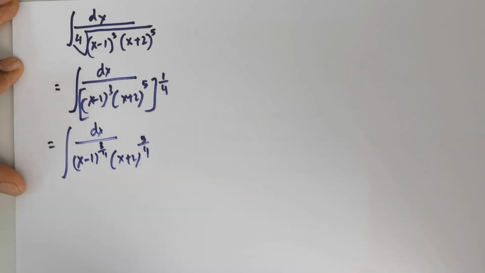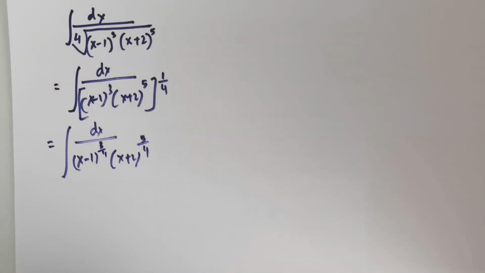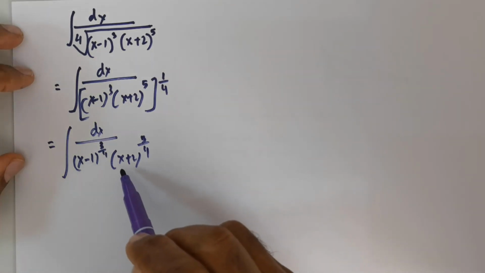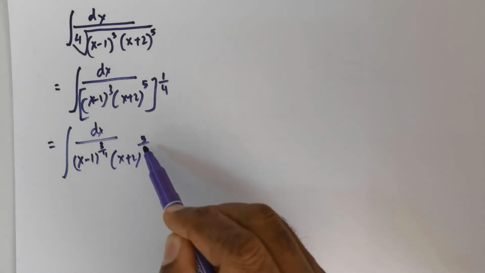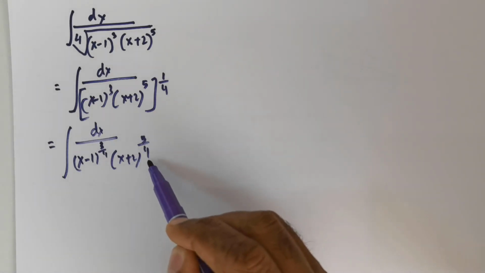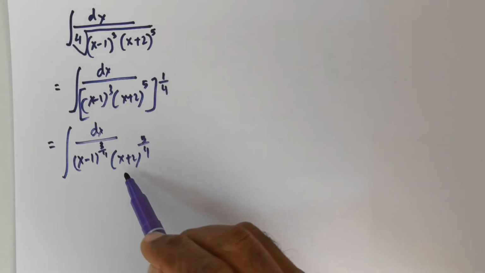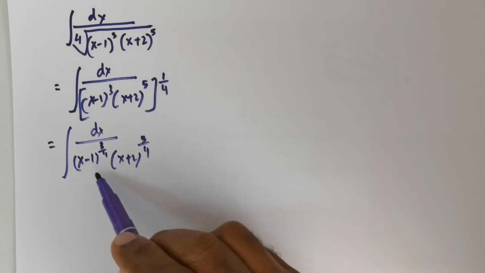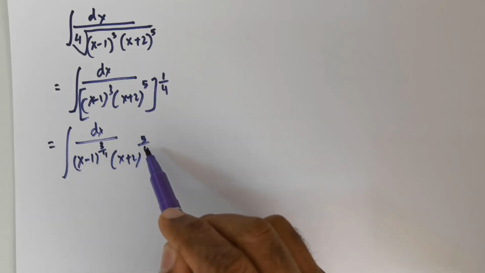That's an interesting question. The idea is actually to bring (x − 1) inside this exponent of 5 over 4. So I would like to write (x + 2) raised to the power of 5 over 4 as (x + 2) divided by (x − 1), and the whole quantity raised to the power of 5 over 4.